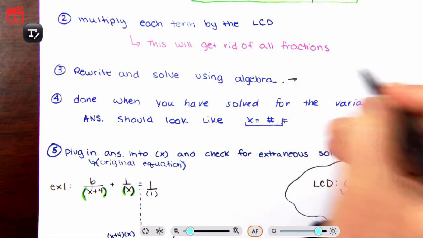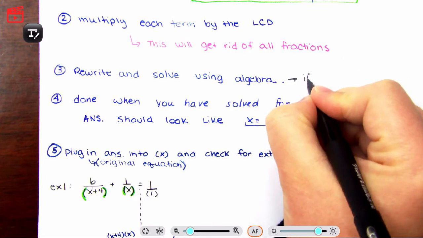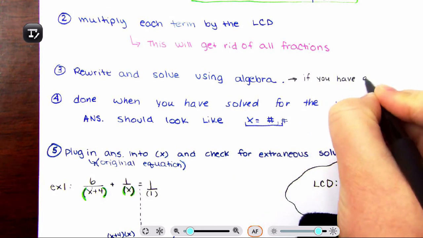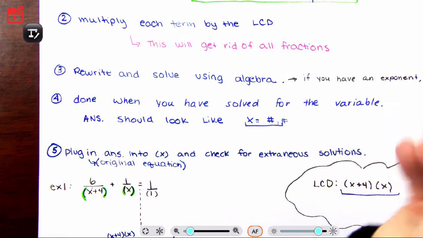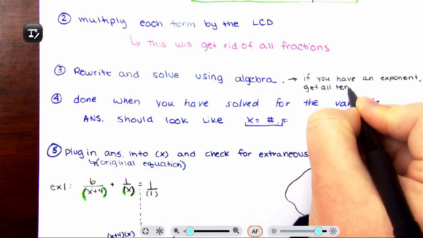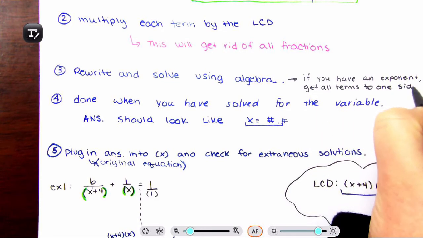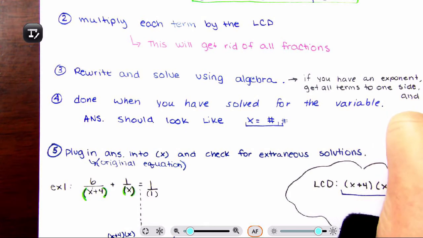If you have an exponent, get all terms to one side, make it equal to 0, and factor.